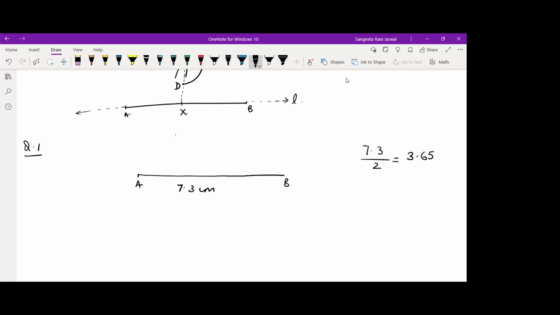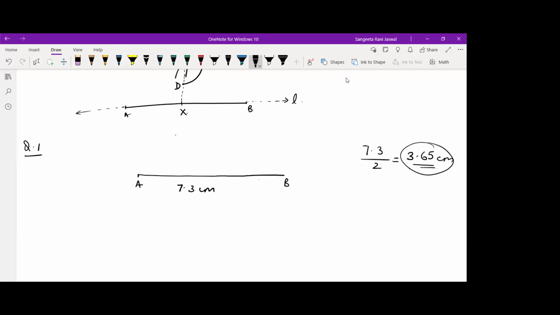Now, see, understand here first. Draw a line segment AB of 7.3 centimeters. After doing this, you will take the half of 7.3 centimeters. So the half of 7.3 is 3.65, right? Now you have to adjust your compass, open your compass to more than half of 7.3.